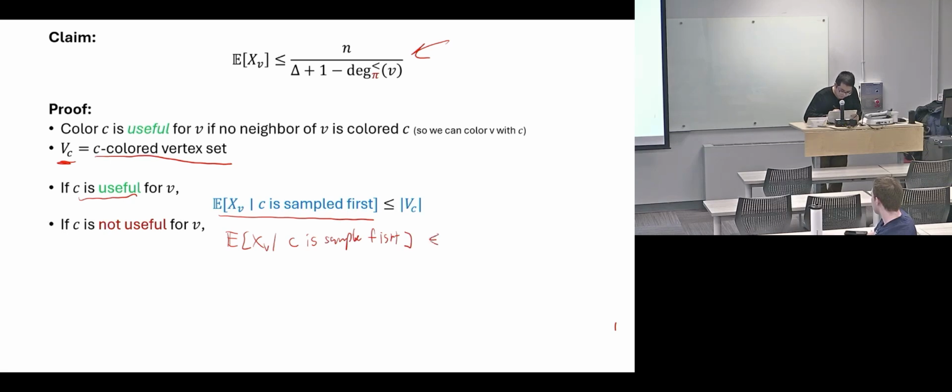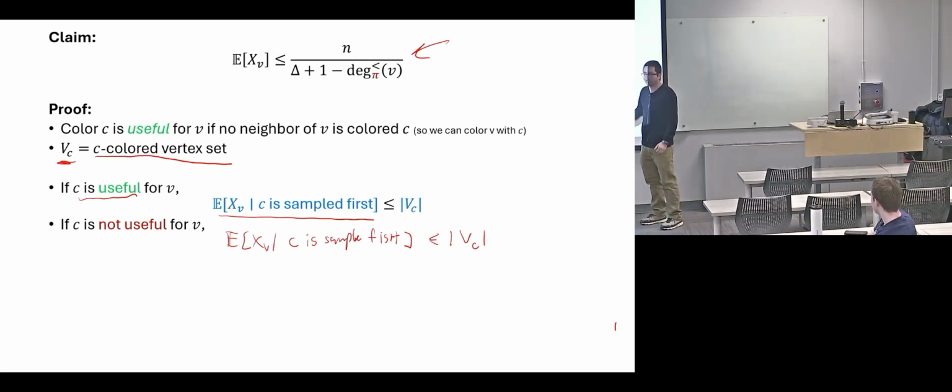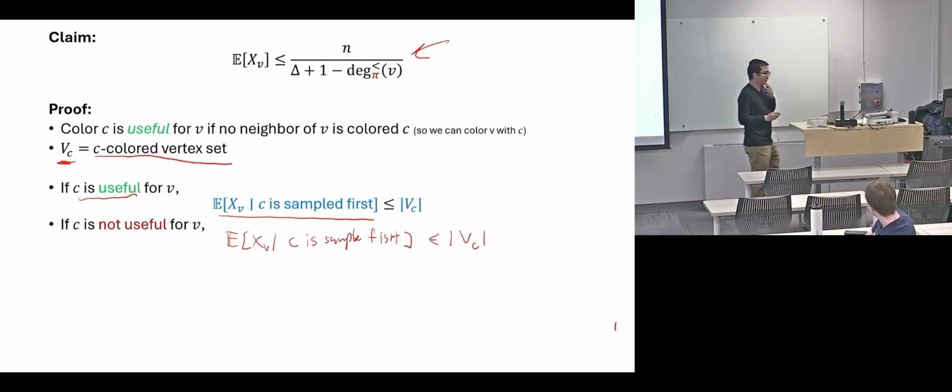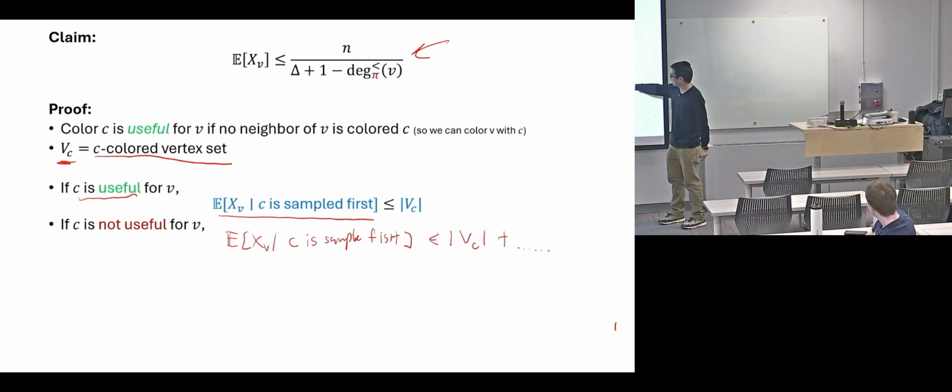Well, first of all, we're going to spend time VC. We query all nodes with color C, and then we see that V is adjacent to some of these. And then we need to spend more time now. This is some simple expression we can put here.